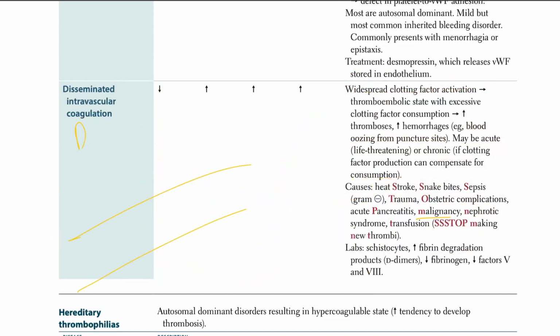So you have a blood vessel in which you have the clotting factors that have been widespread. There is activation of that. RBCs are coming again, same thing. They're going to shear through these microthrombi and lead to formation of schistocytes, which are the helmet cells.